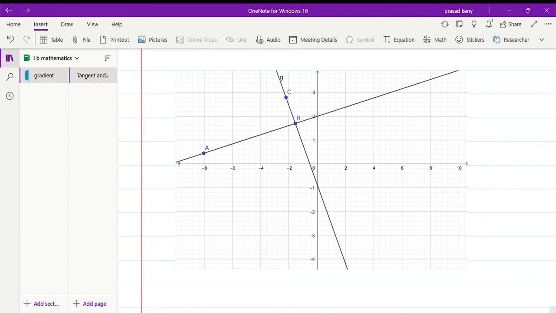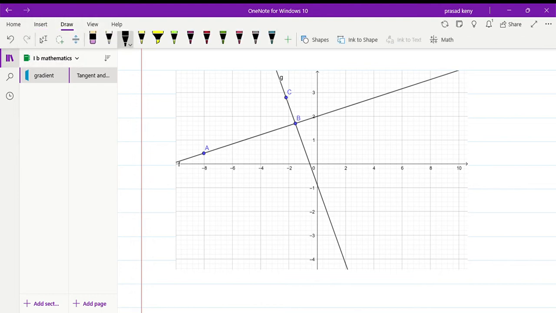These are two lines, L1 and L2. This is line L1 here, whose gradient is say M1. And the another line is here, L2, whose gradient is M2.